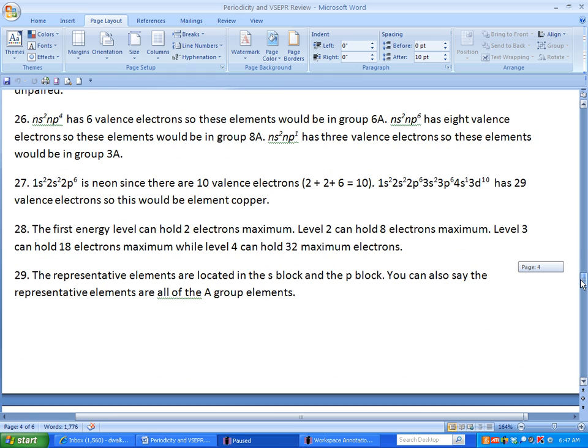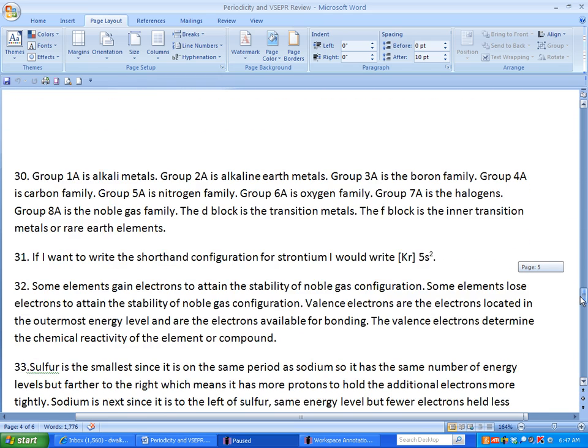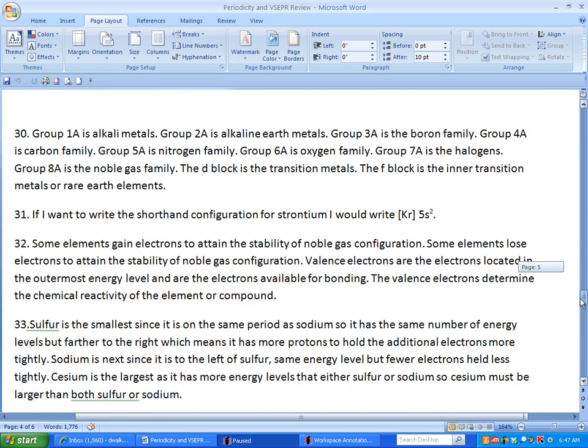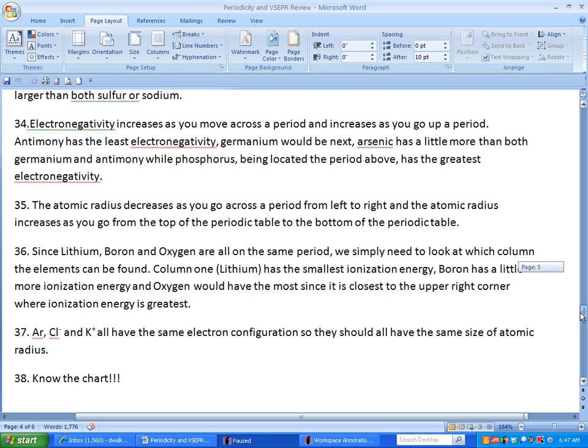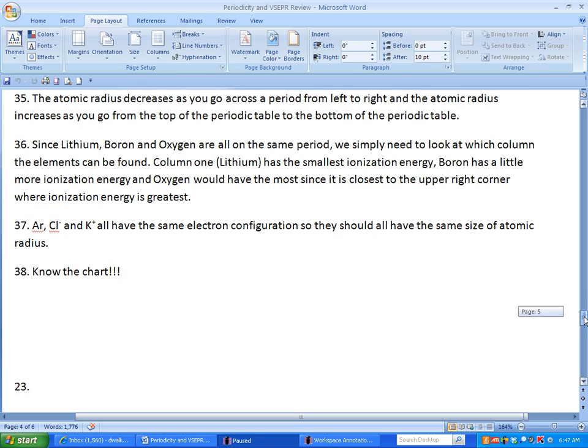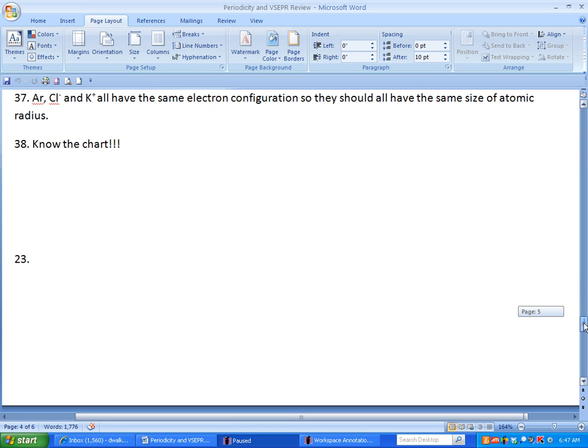Here's 26 through 29. Pause. Here's 30 through 33. Pause. Here's 34 through 37. And then here is 38. And the chart is given to you.